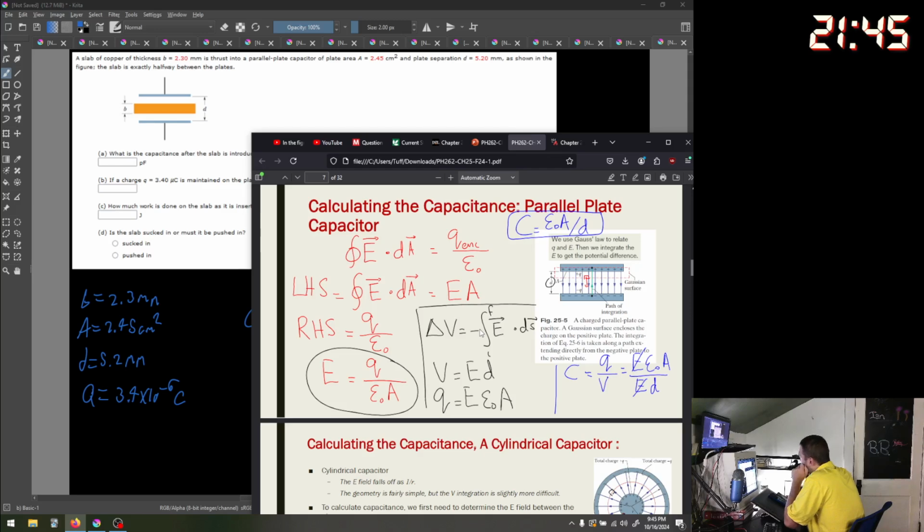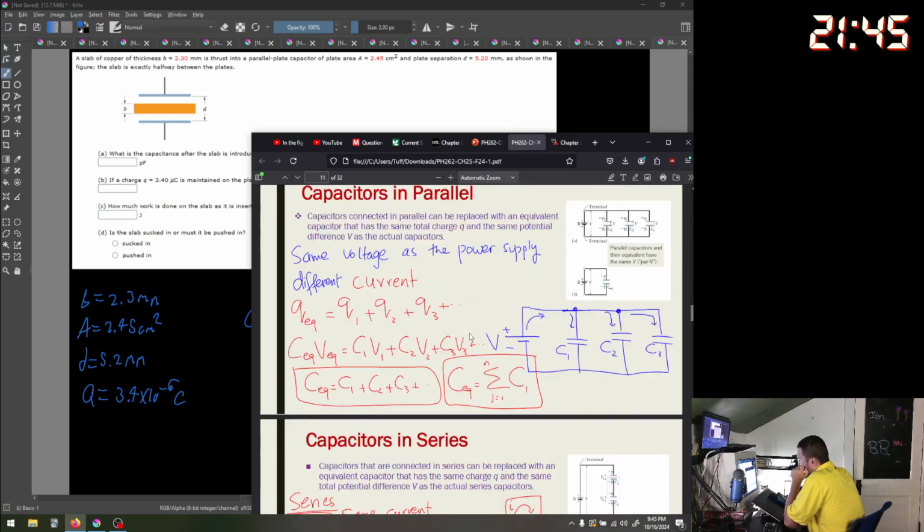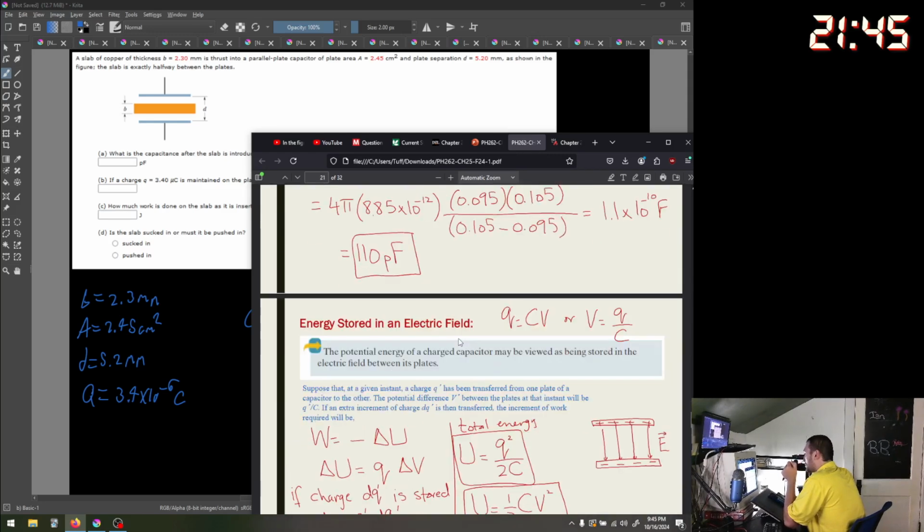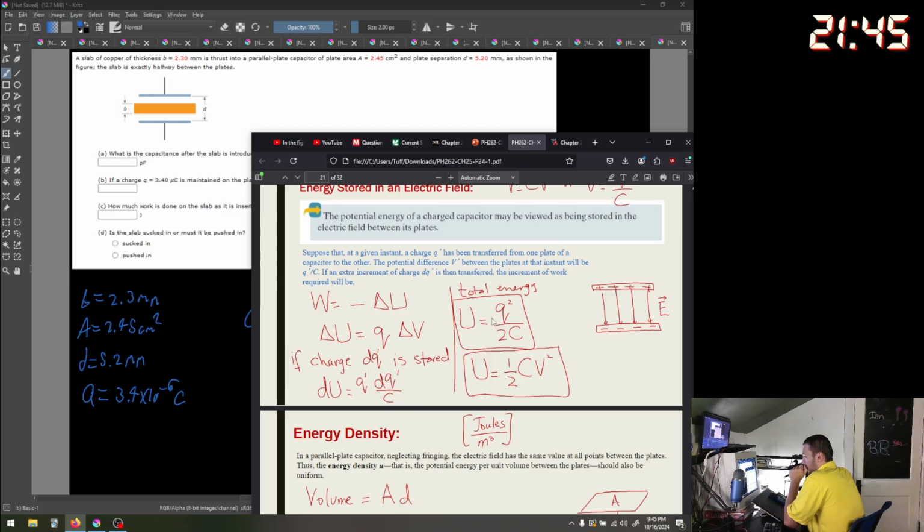E is going to be like the electric field, and the energy stored is going to be U, so it has to be U. Let's get total energy. Q delta V. We have no delta V, so we can't use this equation. It has to be Q squared over 2C. But that would just give us the after, the total energy.